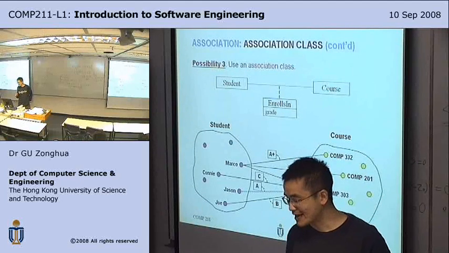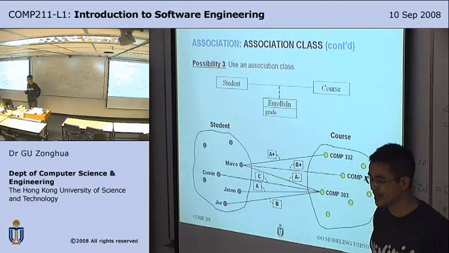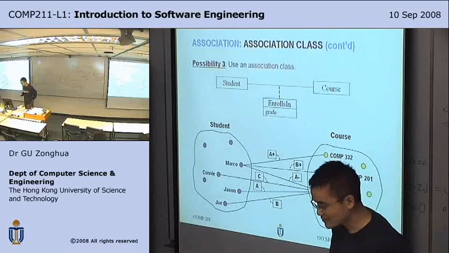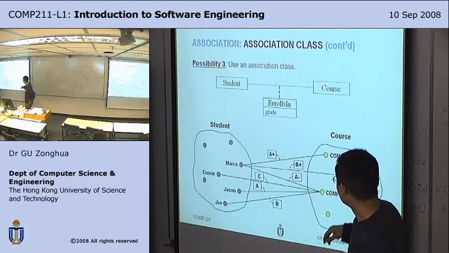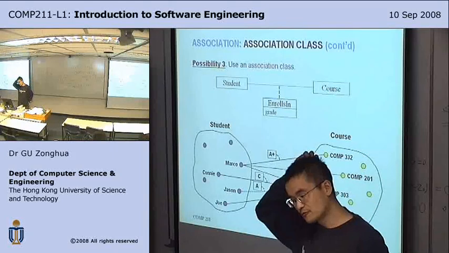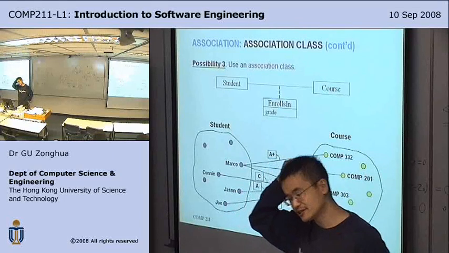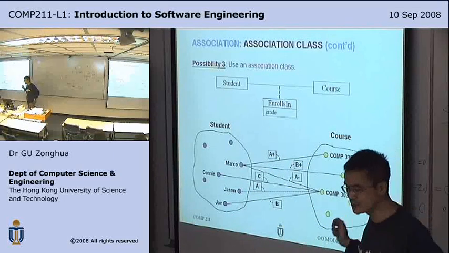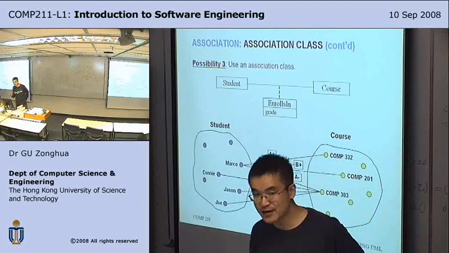Erosion describes the association between student and course. So therefore, if you delete the student or the course class, or if you delete the association, this association class automatically disappears. It's not an independent class.